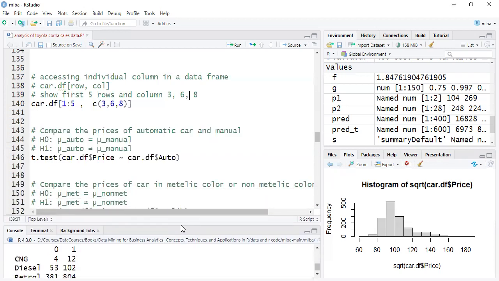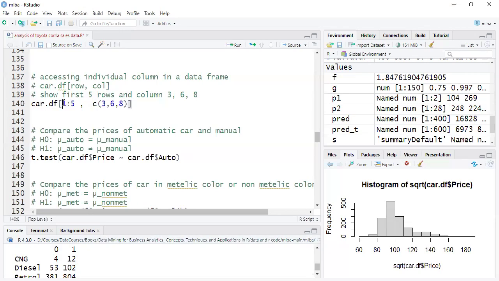Now the last command under the heading of descriptive is accessing any specific segment of your data frame. Your data frame has 11 variables and 1400 rows.